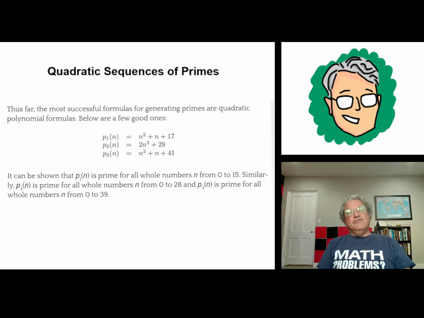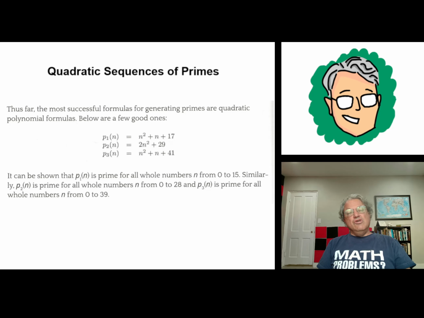But then the next one, the 41st number, fails: 1681. That's 41 squared. It's pretty easy to see that it has to fail. And then the funny thing about this, I don't mention this in this book, but if you keep going with Euler's sequence, n squared plus n plus 41, you get a lot of primes. I mean, they're not all prime anymore after 41, but you get a very high density of primes.